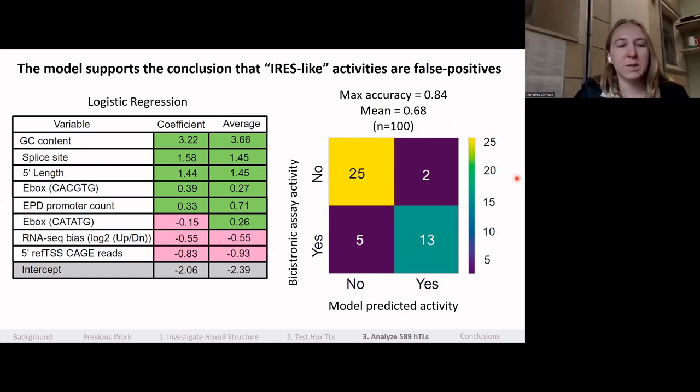And this shows that the logistic regression model is using these features towards the left to predict whether a hyperconserved transcript leader would be active or not. So from this data, we find that the hyperconserved transcript leaders likely are promoter elements and do not contain IRES elements.